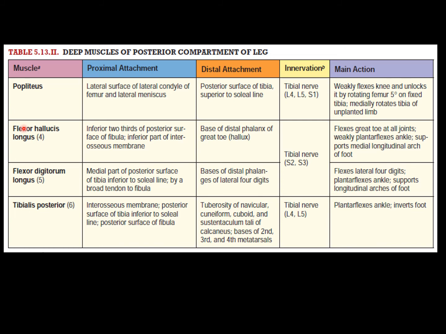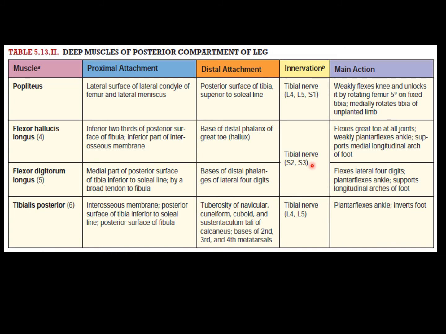So most likely the muscle which has the term longus goes to the distal phalanx of the great toe, and its presentation in the body we will discuss in the picture coming next.